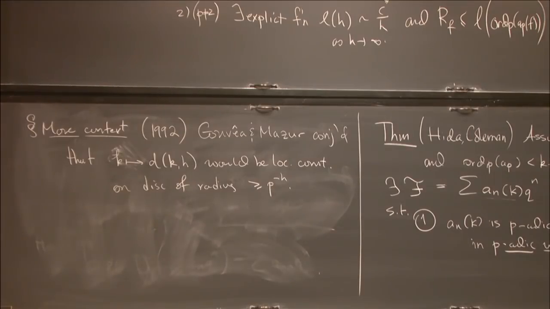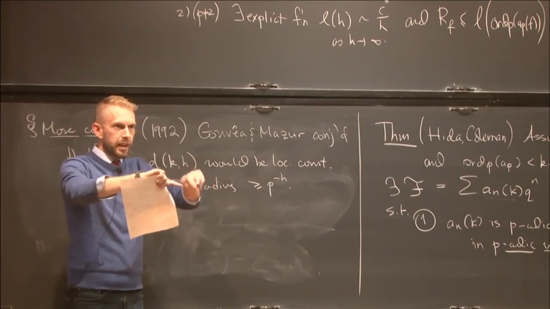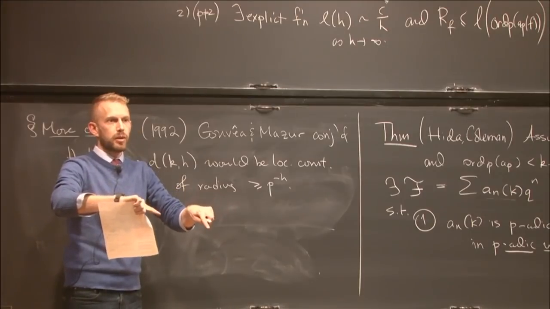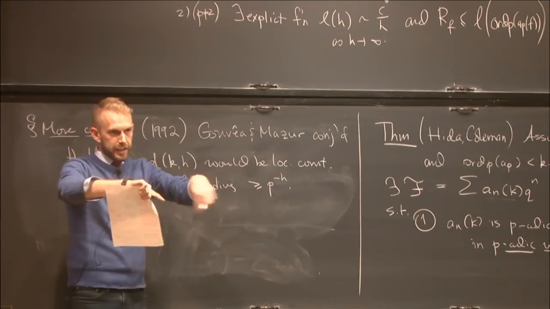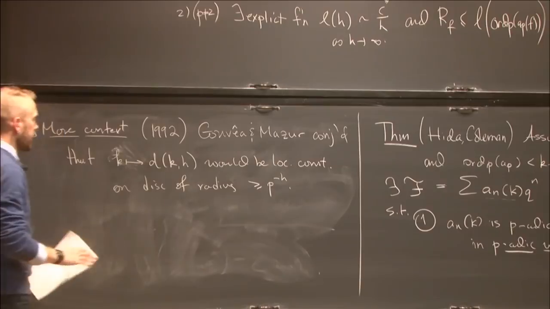In other words, if you went from k, p^-h away, you would have the same multiplicity of the slope. In other words, all the families would sort of extend to that radius disk.